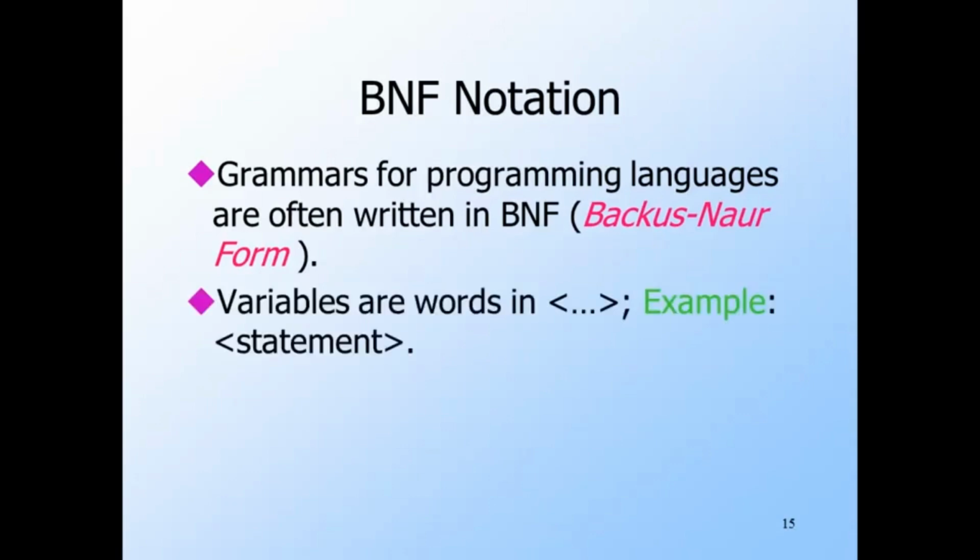In BNF, you usually use a word to describe a variable, for example, statement, if the intent is that this variable will generate all the strings that are valid statements of the programming language. Conventionally, these words are put in triangular brackets to tell us they are variables rather than terminals.